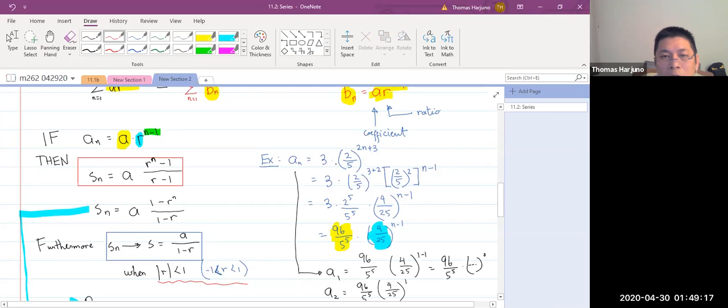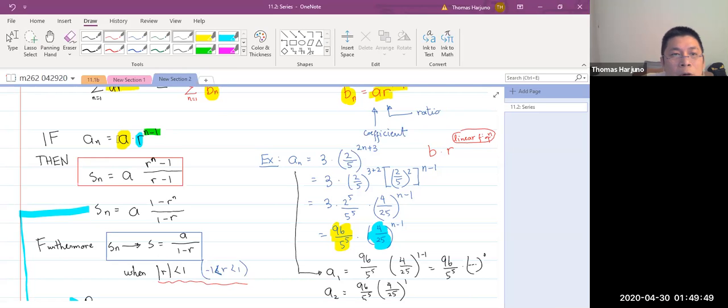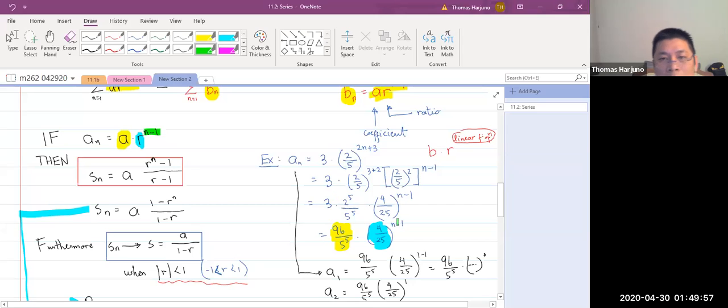I have an example next to it. Basically, if you have some number times the ratio to a linear function of n on the exponent, you can always rewrite it into the first term, the ratio, and the exponent to be n minus 1.